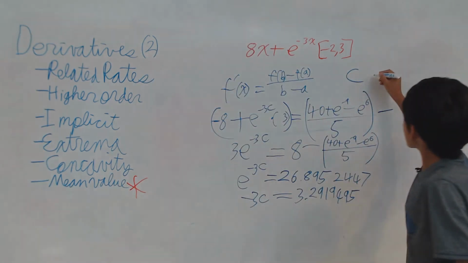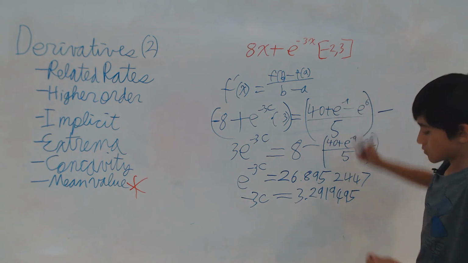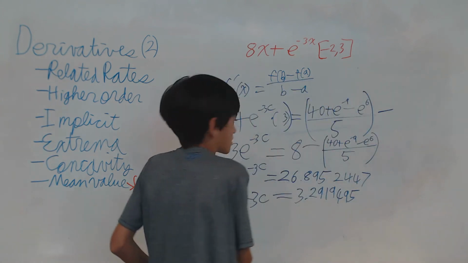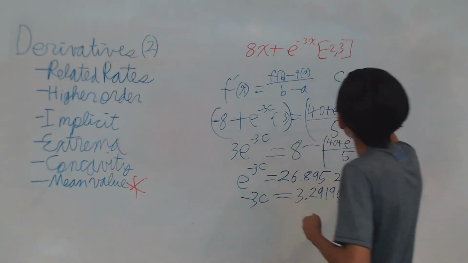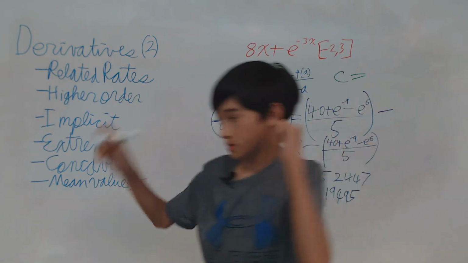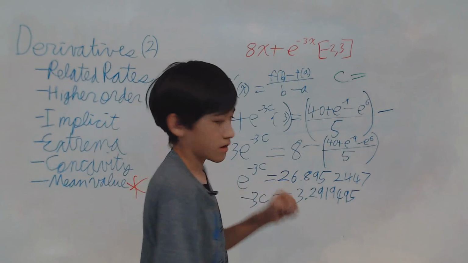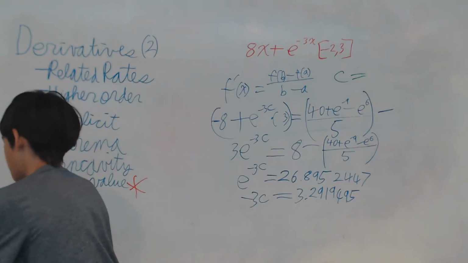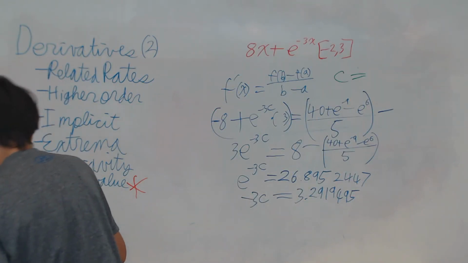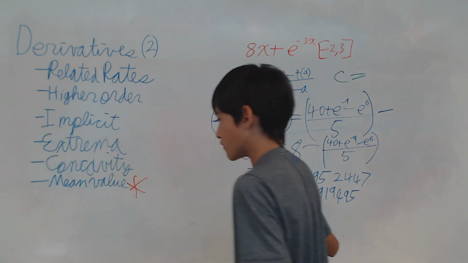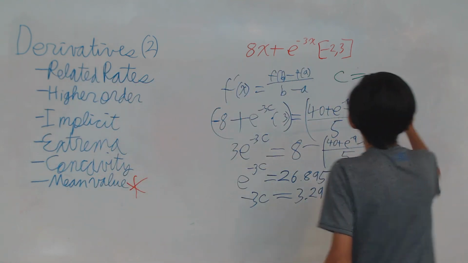I'm writing it up here. Let's write it in green so we can know it's our answer. c is equal to, let's see, after we divide that by negative 3, it'll become negative 1.097.